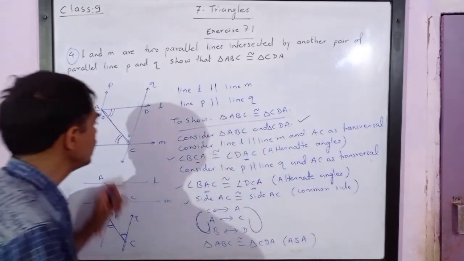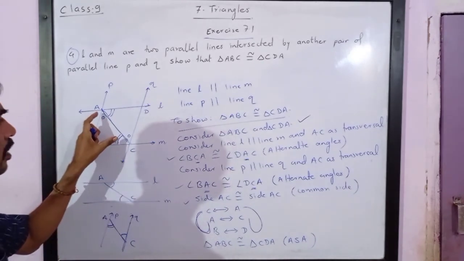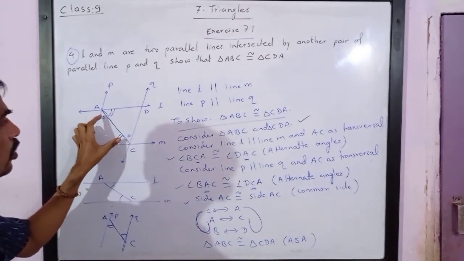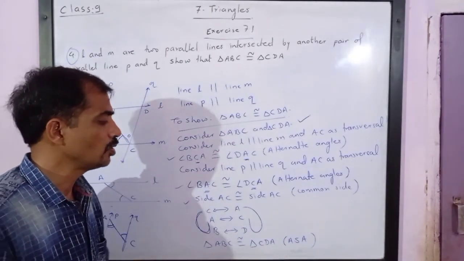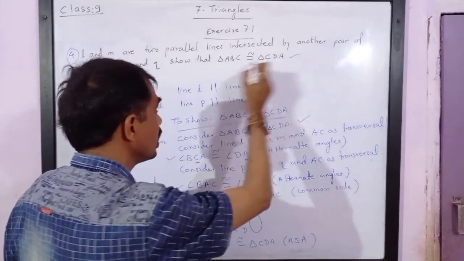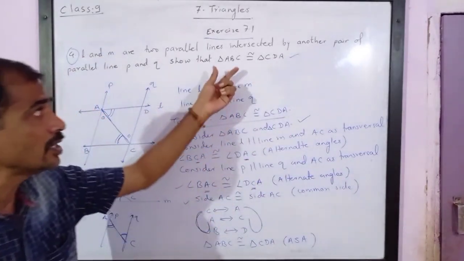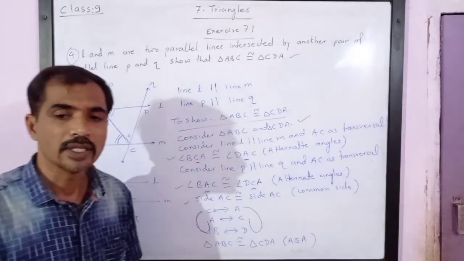Please note, side is included by the two congruent angles. So here you will get triangle ABC congruent to CDA by ASA test. That was only asked to prove. We have got it. Triangle ABC congruent to triangle CDA.